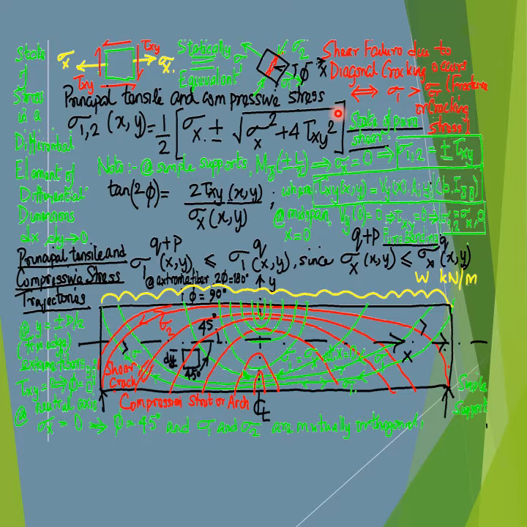It is worthwhile to mention here that the representative locations or the representative coordinates x and y mentioned earlier signify or represent the benchmark locations or coordinates for plotting the stress trajectories of the principal tensile and compressive stresses sigma 1 and sigma 2 respectively.